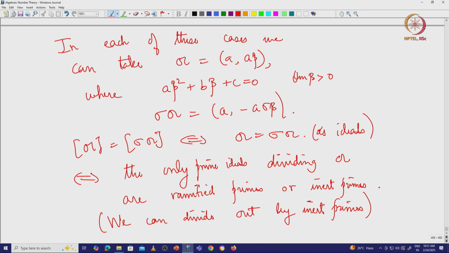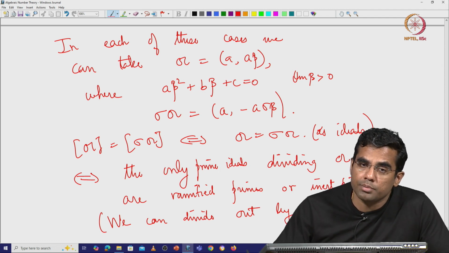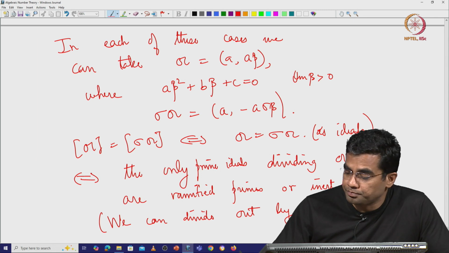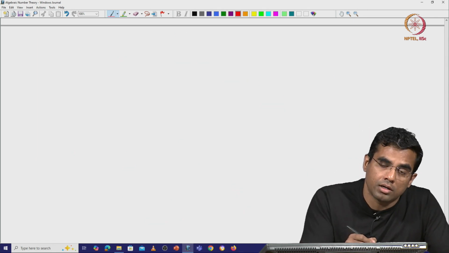So, a class in the ideal class group has order 1 or 2 if and only if we can choose an integral representative for that class which is divisible only by ramified primes.